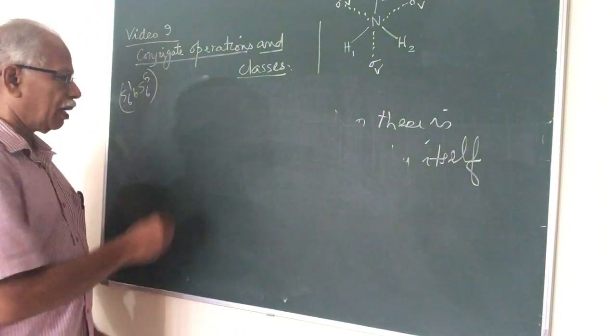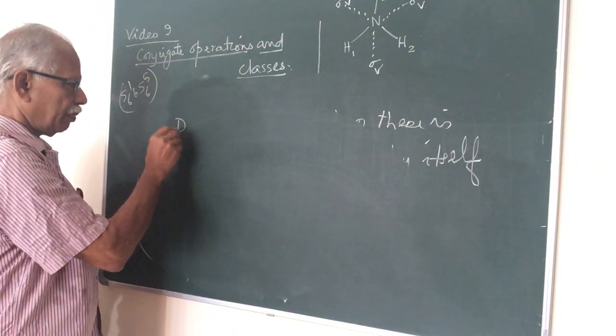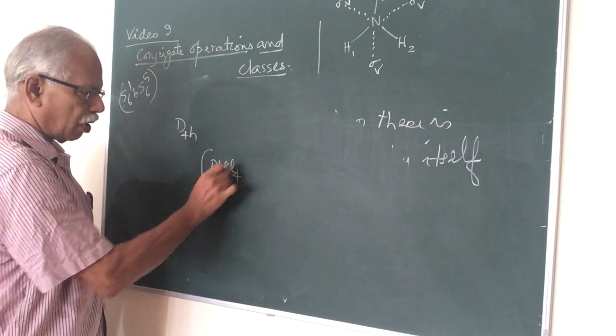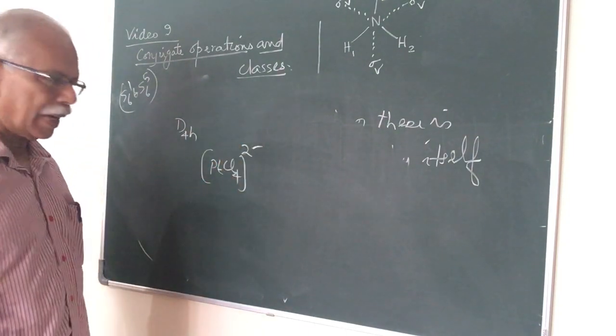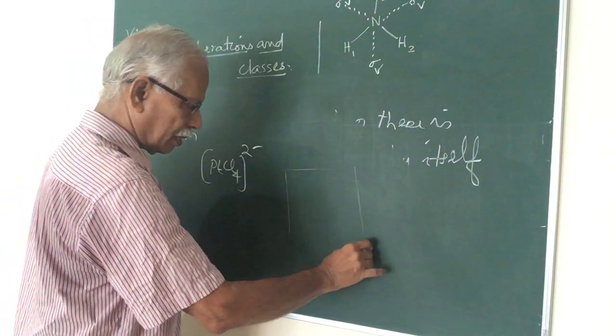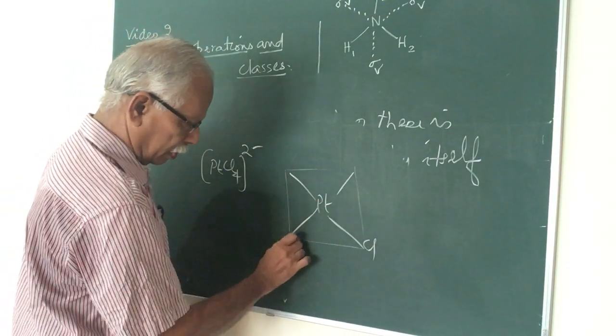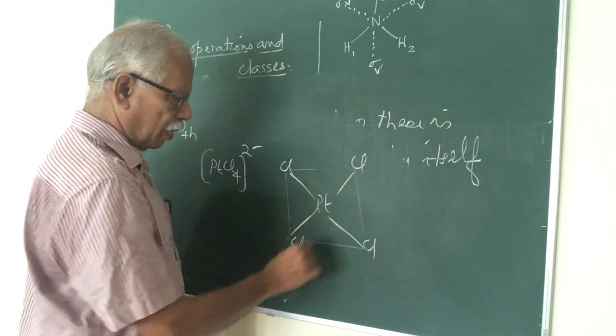But in a group like D4h, to which the platinum tetrachloride complex belongs, a square planar complex, it has four sigma V's.